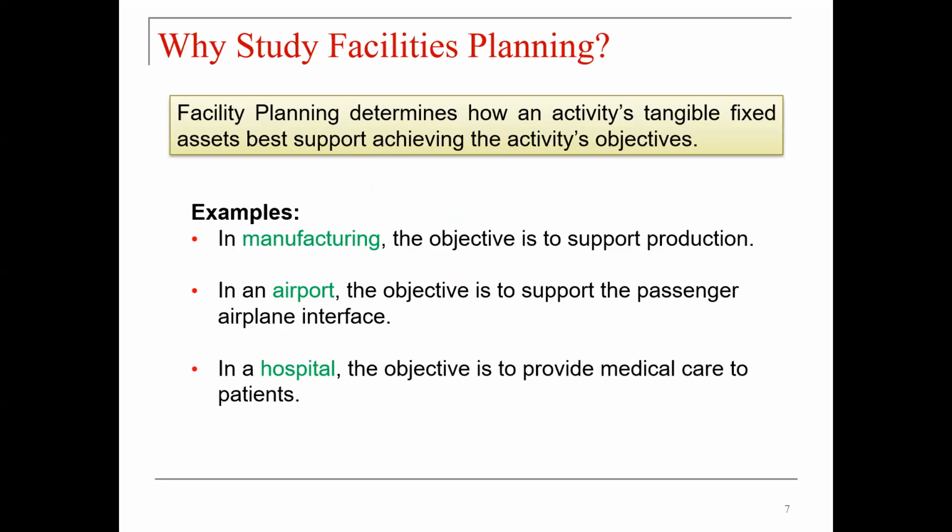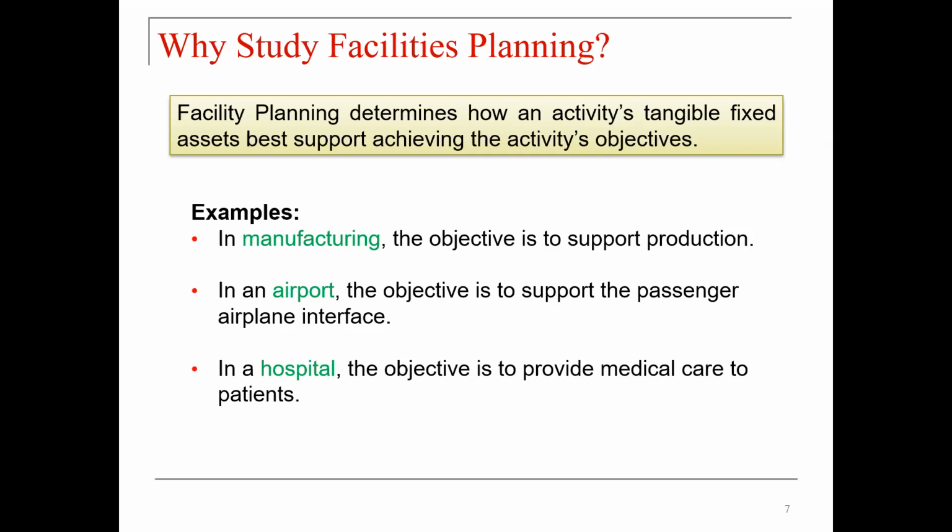So why study facilities planning? Facilities planning determines how an activity's tangible fixed asset best supports achieving the activity's objective. So for example, in manufacturing, the objective is to support production. In an airport, the objective is to support the passenger airplane interface.